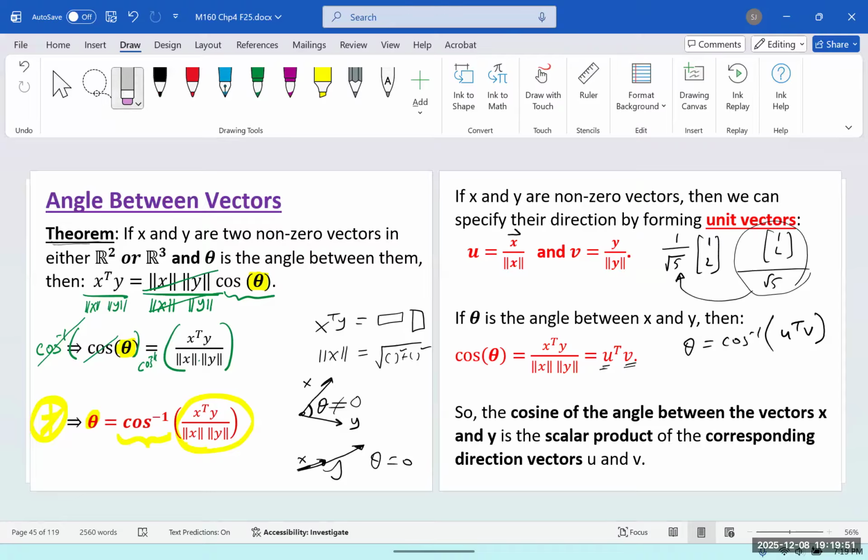If you do that, then we get 1 over square root of 5, 2 over square root of 5. So this is the unit vector for x, and you can do the same thing for the unit vector for y. Then if you multiply these two and take the cosine inverse, you can get the angle between them. So this is another way of finding it. Whichever is easier for you, you can use that formula.